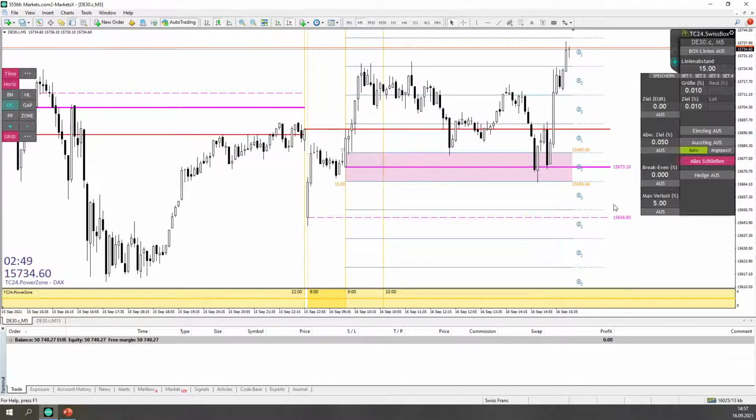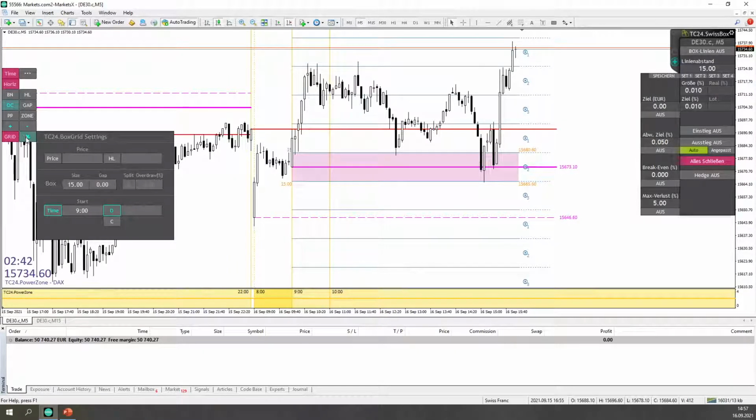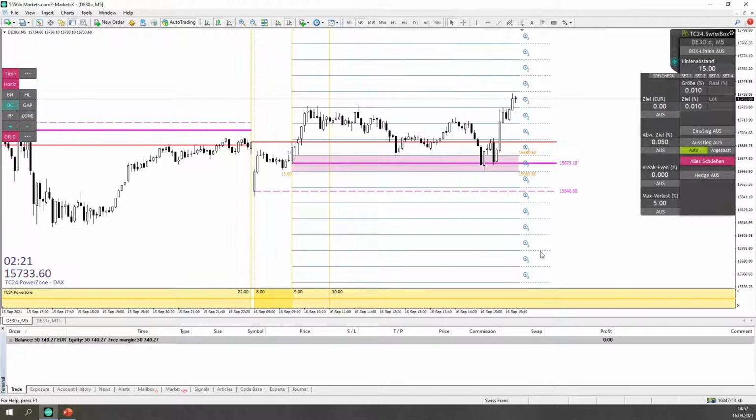And starting from that, with a predefined box size, we see here that there are boxes all over the place that you can use for trading. So we can define a start time and define that we would like to use the opening price, for example, at 9 in the morning. And starting from that, boxes are placed all over the price axis.